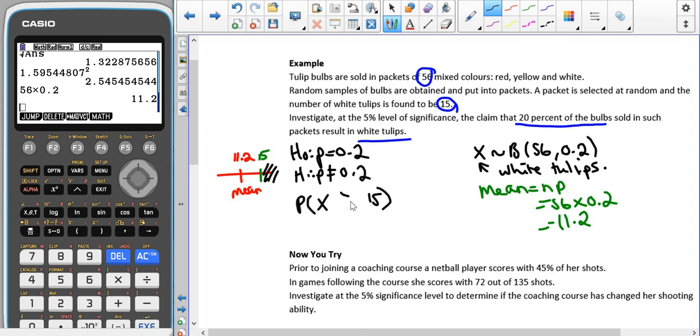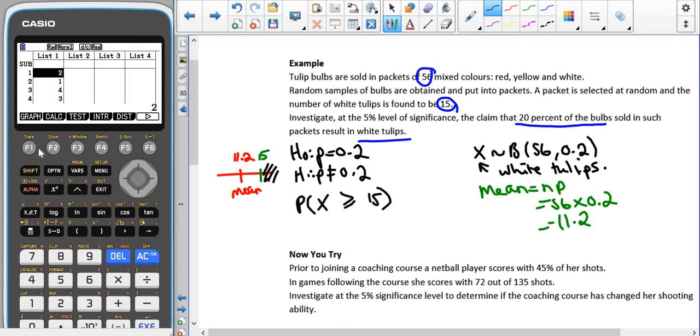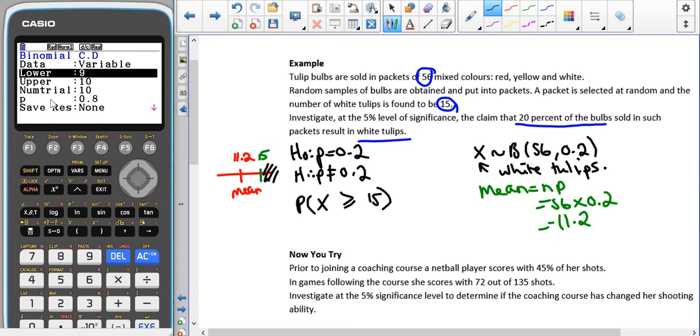So that means that we're going to be looking at greater than or equal to again. So binomial CD: the lowest that we want is 15 out of 56. So the upper is 56, the number of trials is 56, and the probability is 0.2.